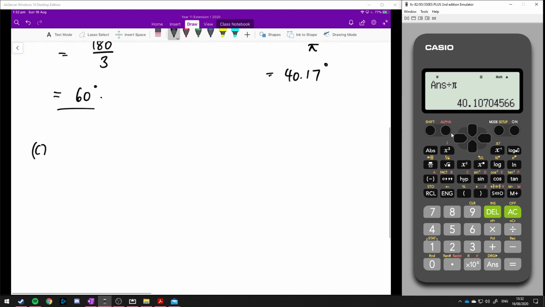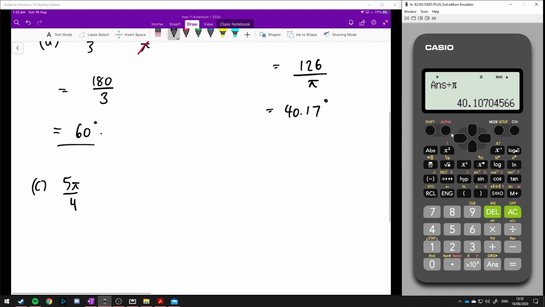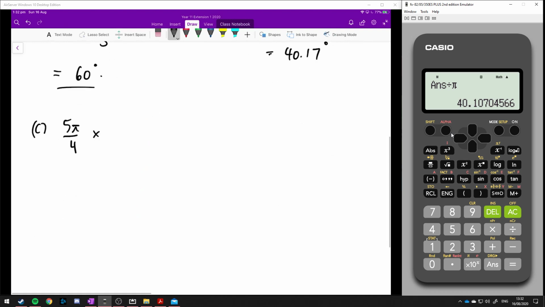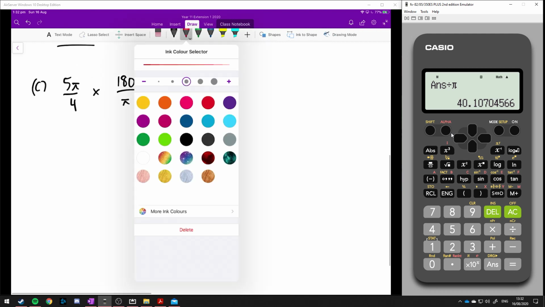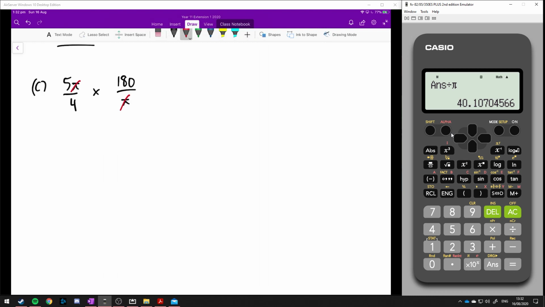5 pi on 4 is our next one. So 5 pi on 4. And what we're going to do is times it by 180 on pi. Okay, just like that. So again, the pi and the pi is going to cancel out. And we're going to get 180 divided by 4. So that's the same as 90 on 2.